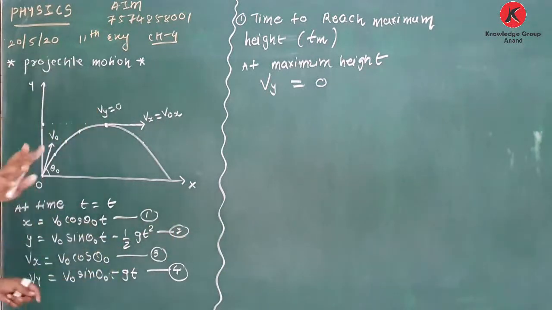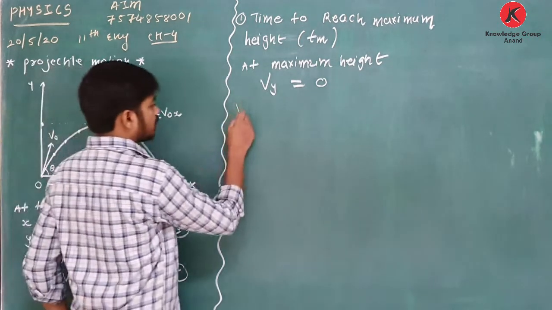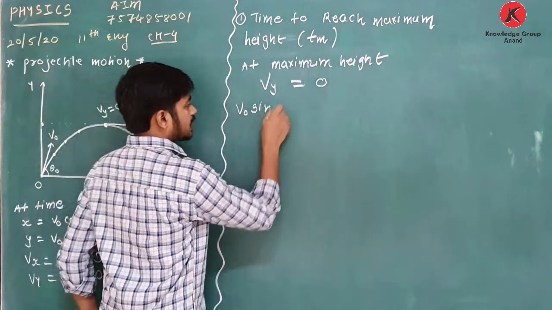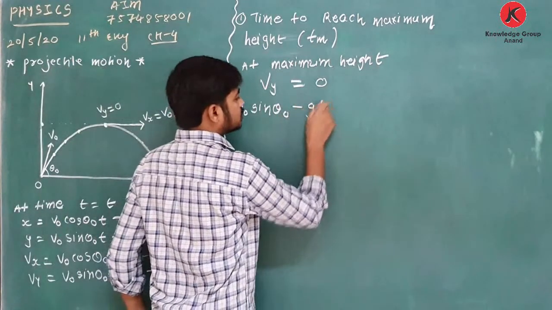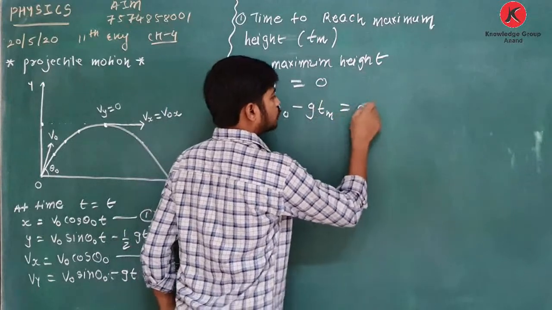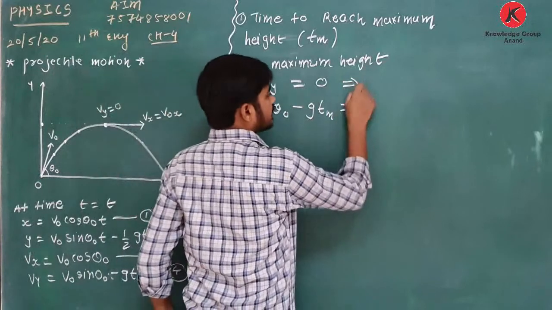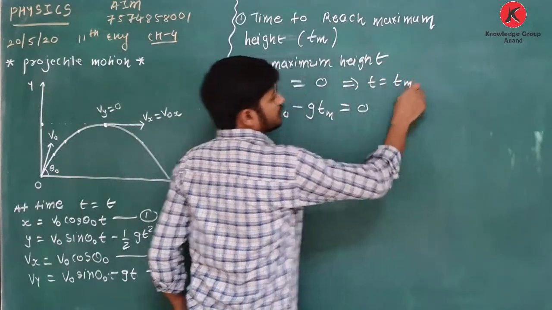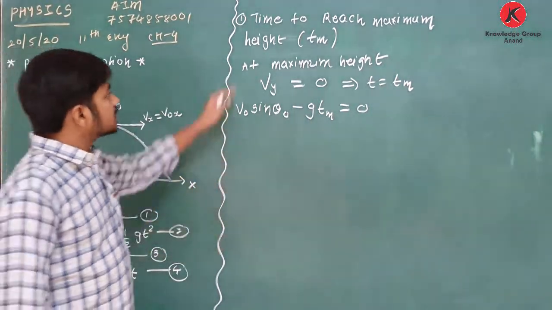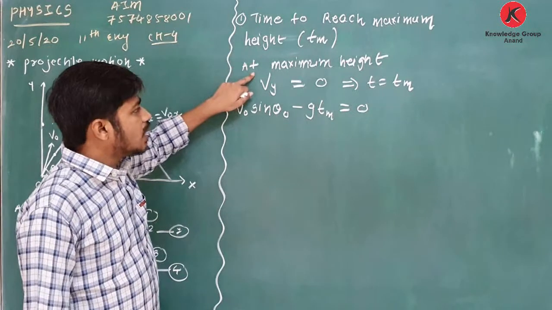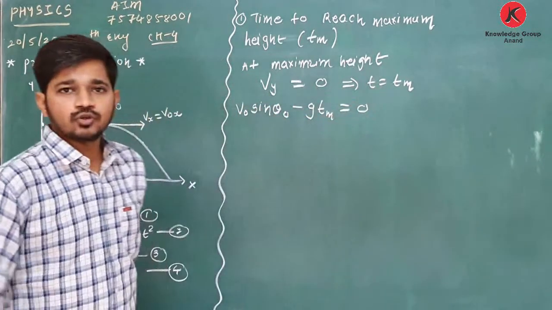So at maximum height, Vy is equal to 0. What is the equation of Vy? Vy is equal to V0 sin theta 0 minus g t. Put the value here: V0 sin theta 0 minus g Tm is equal to 0, because at maximum height Vy is equal to 0 and at that time t is equal to Tm.